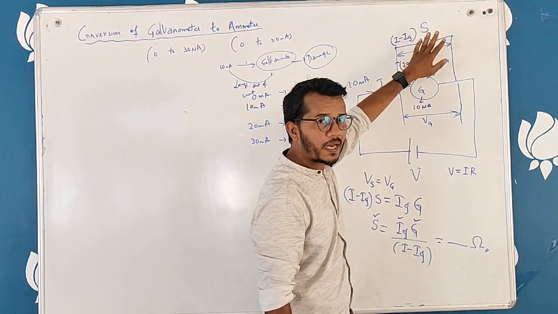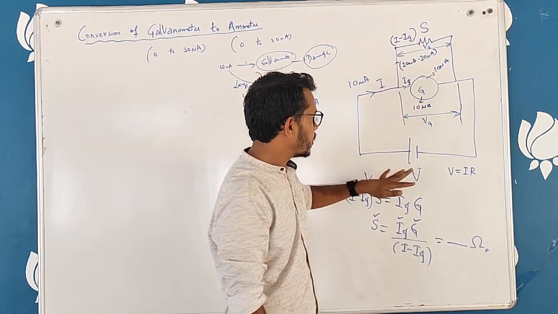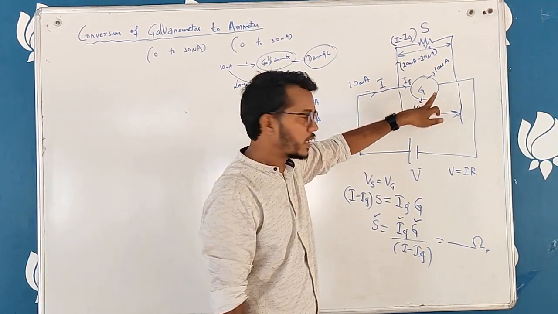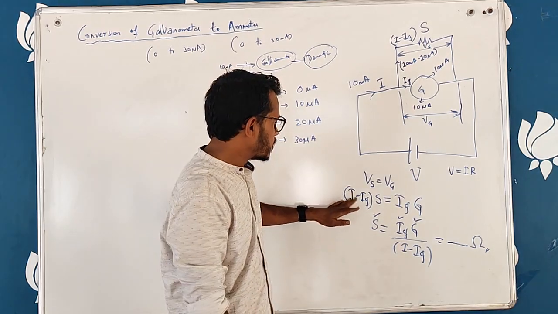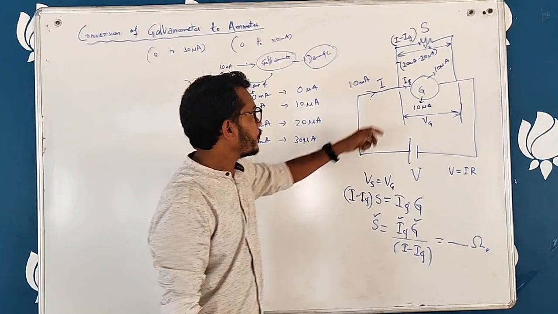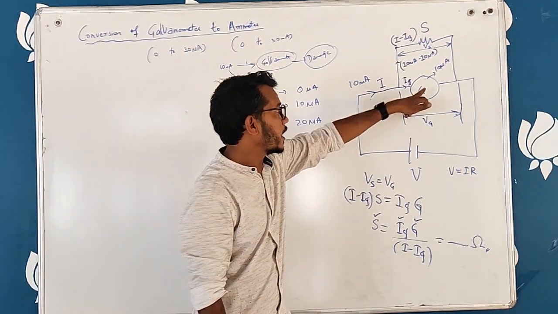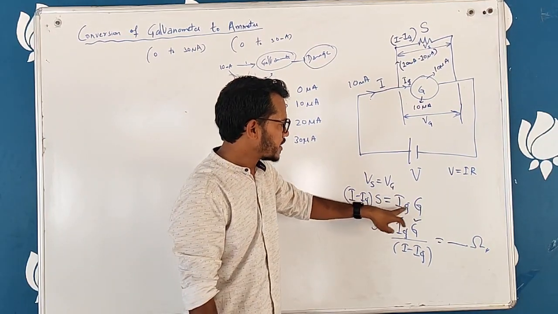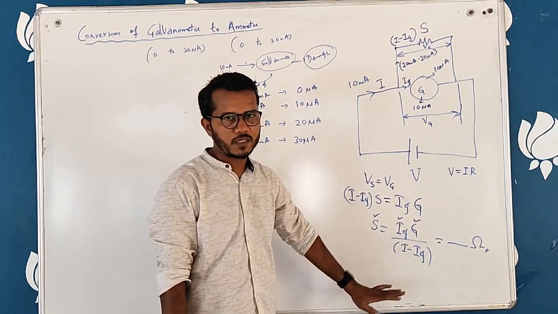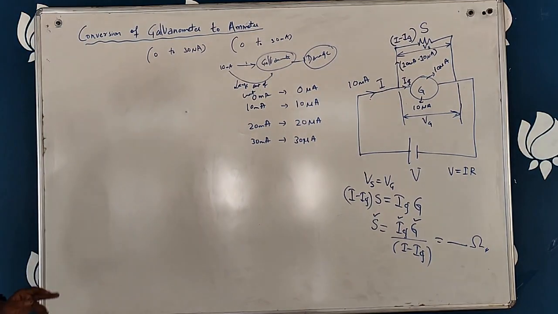For parallel connection, the potential drop across the shunt resistance and across the galvanometer resistance are the same. So V equals IR: I minus Ig into S equals Ig into G, so S equals Ig G divided by I minus Ig.